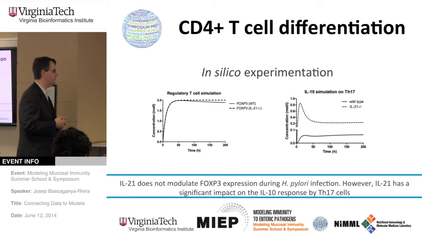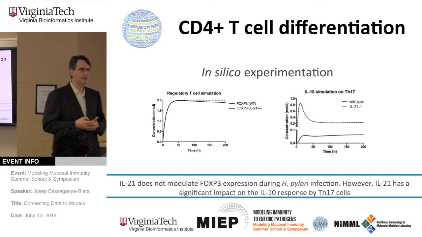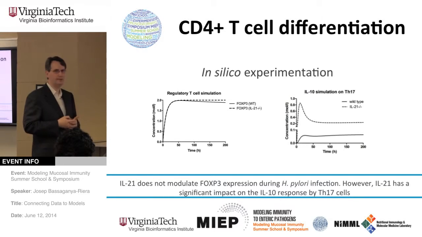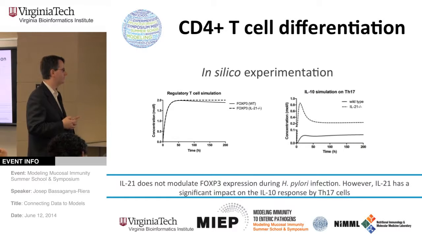And what we found interesting was that IL-21 did not modulate FOXP3 expression during H. pylori infection. However, IL-21 had a significant impact on the IL-10 response by Th17 cells. In other words, our model predicted that IL-10 would be upregulated in the IL-21 knockout system, but there would be no differences in FOXP3.